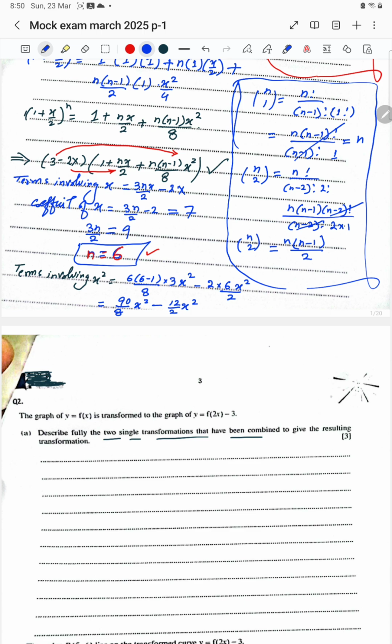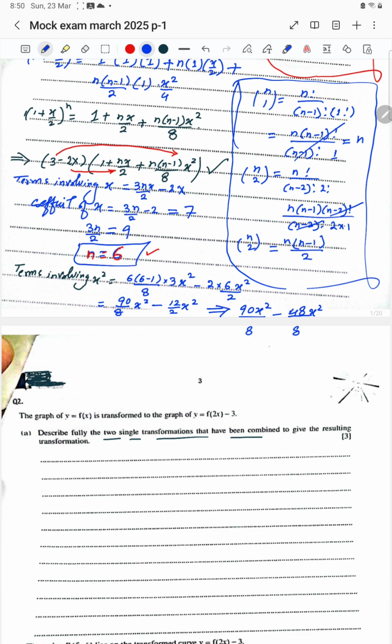In order to equate this, the coefficient we can say is 90x²/8 minus, if we multiply 4, 4 12s are 48x²/8.